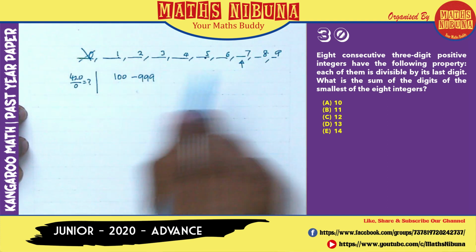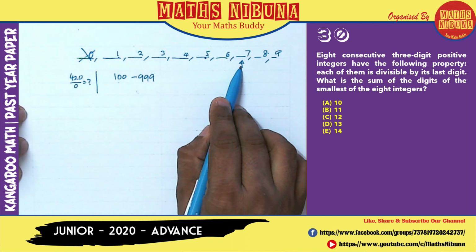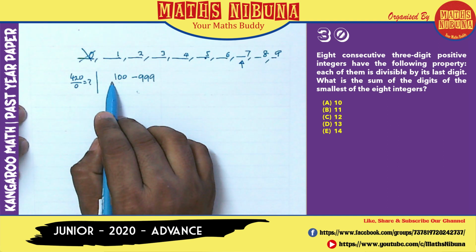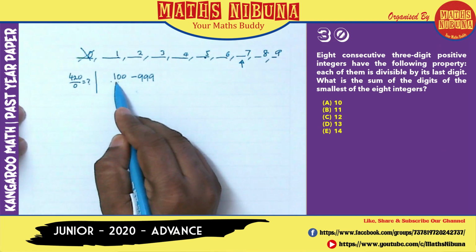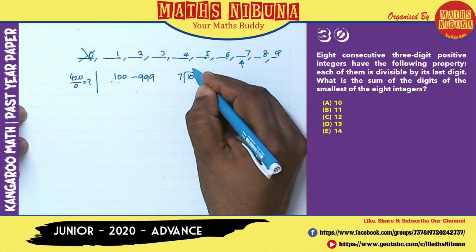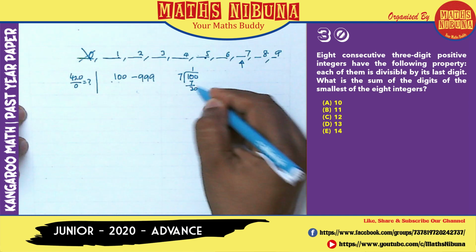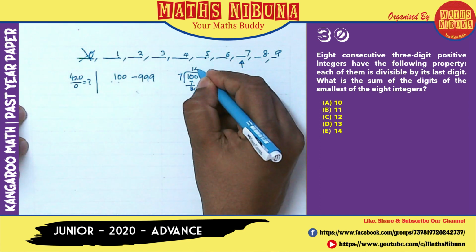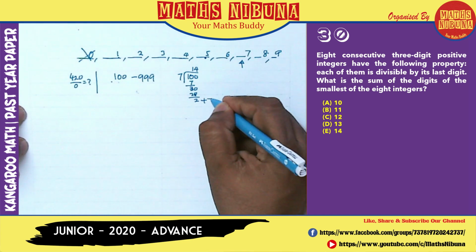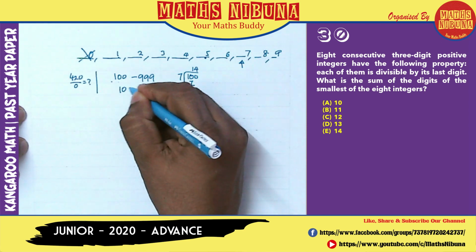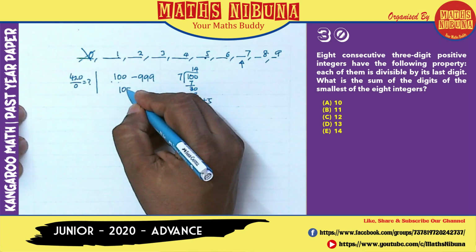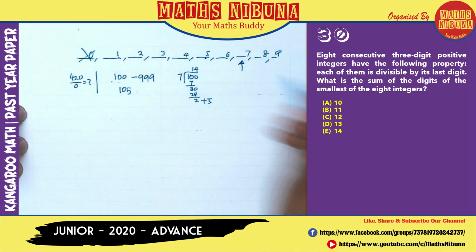Now, the first number after 100 that can be divided by 7: I try 100 divided by 7. 7 times 14 is 98, balance 2, so I need another 5. So the first number that can be divided by 7 is 105.